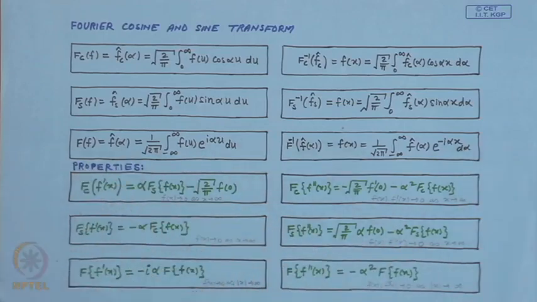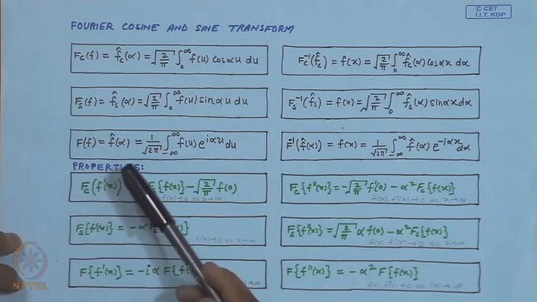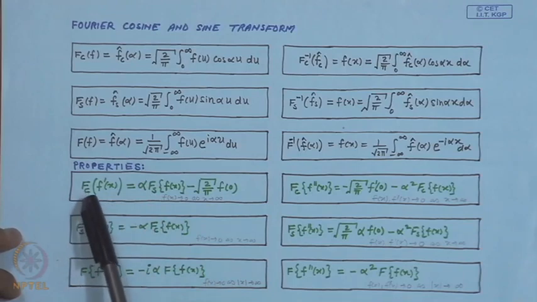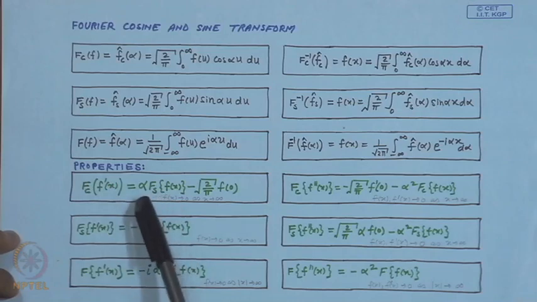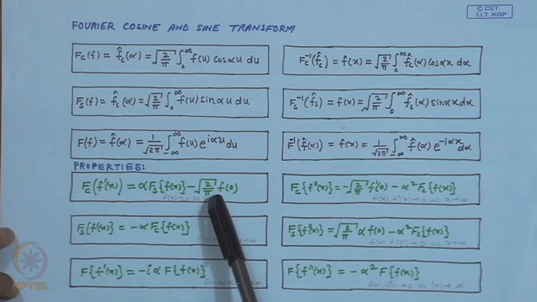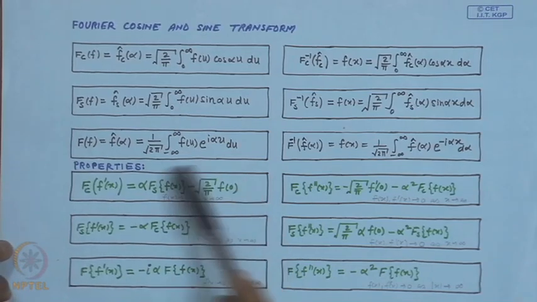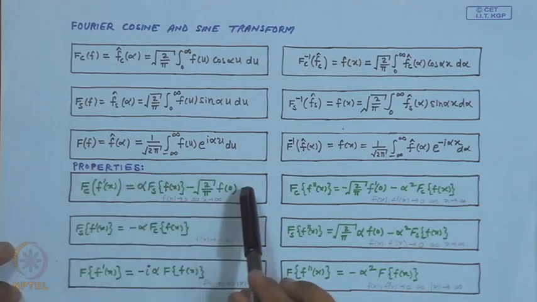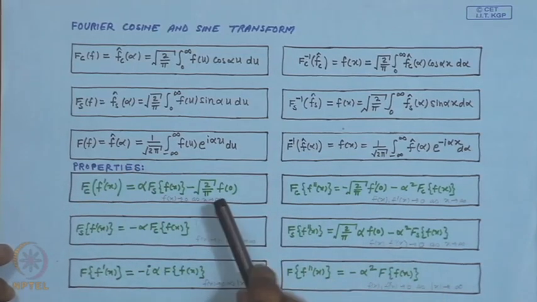So, these are the main properties, or mainly the derivative theorem for the Fourier transform and the Fourier cosine and sine transforms. First, for the Fourier cosine transform of the first derivative, it will be alpha times the Fourier sine transform of f minus square root of 2 over pi f(0), and this is the condition under which we got this result: that f(x) approaches 0 as x approaches infinity.